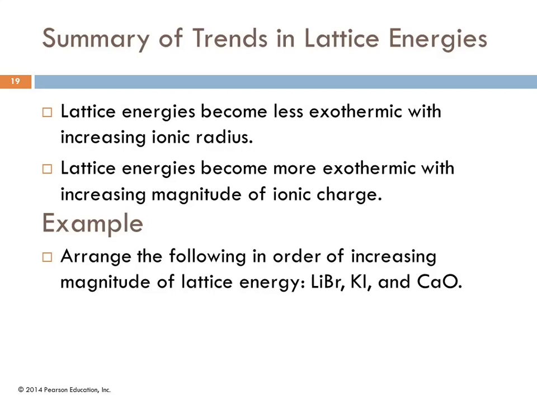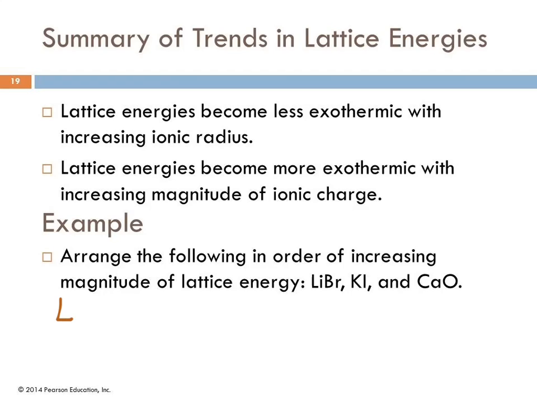So what you definitely need to be able to do is something like this. Arrange the following in order of increasing magnitude of lattice energy: lithium bromide, potassium iodide, and calcium oxide. Well, how do we do this without any other information? Let's compare two at a time. It's hard to compare three things.